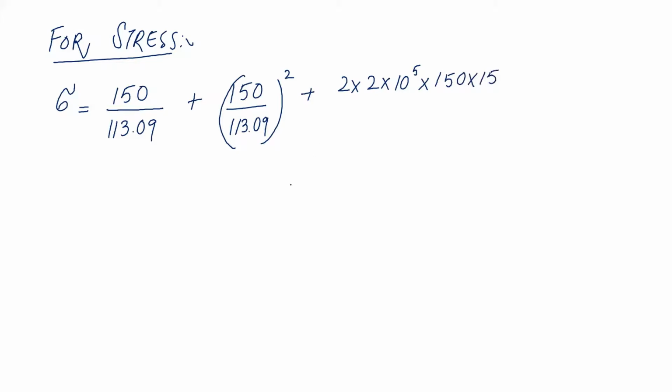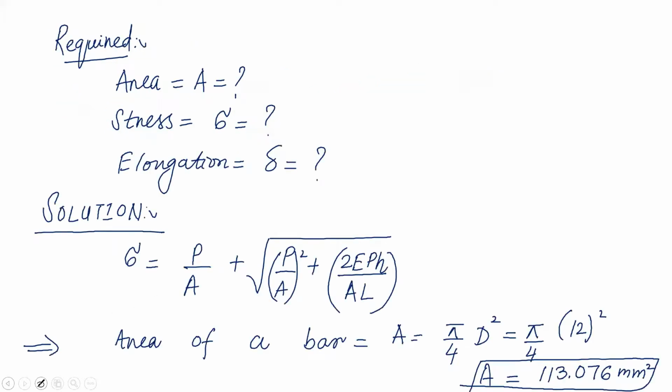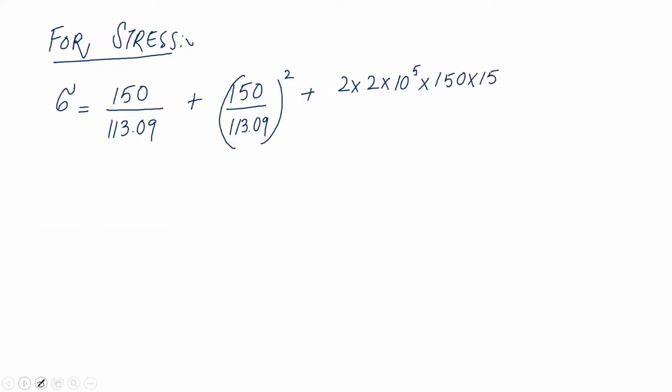So what is this? It is 2EPH. The value of E is 2 into 10 to the power 5, the value of P is 150, and the value of H is 15 millimeter. Now I have to put the value of area 113.09 into 1250.